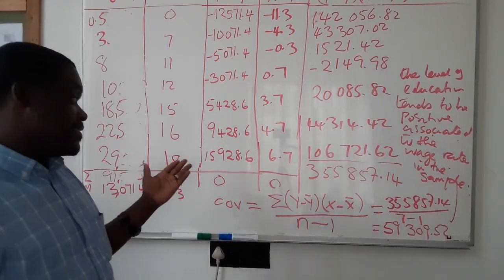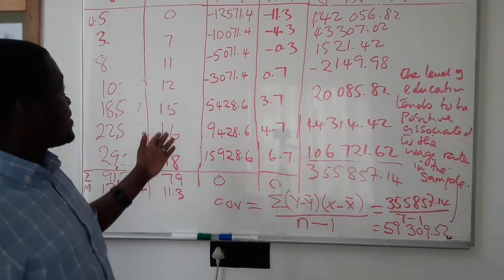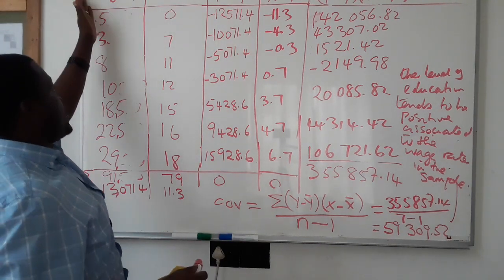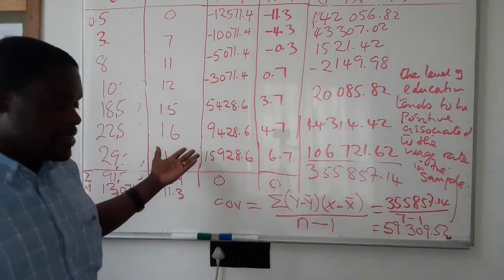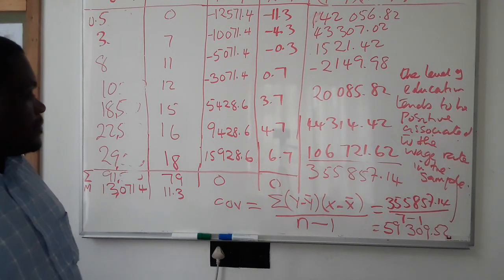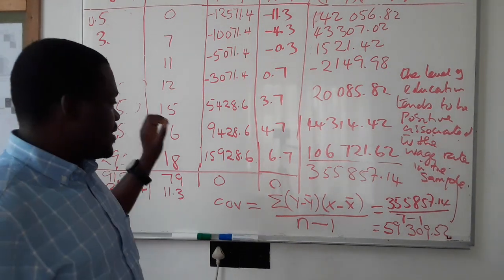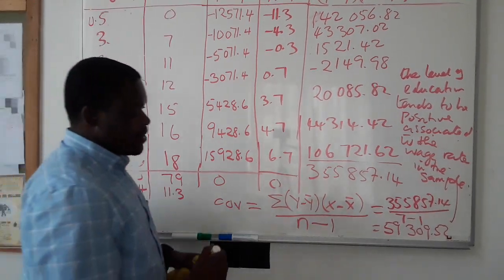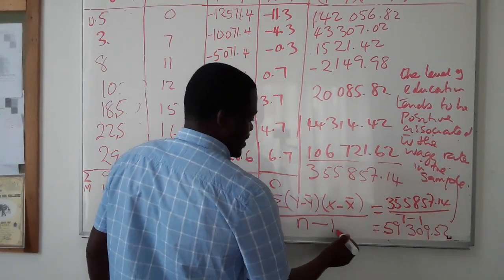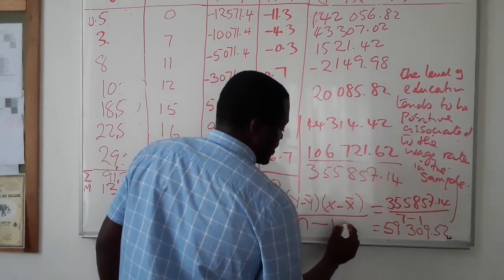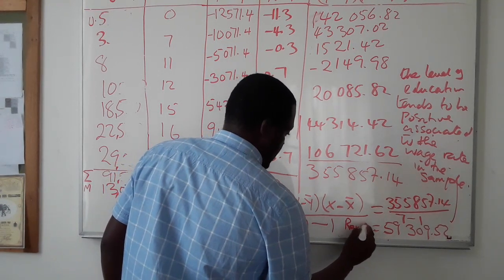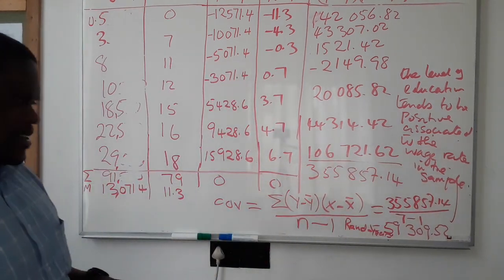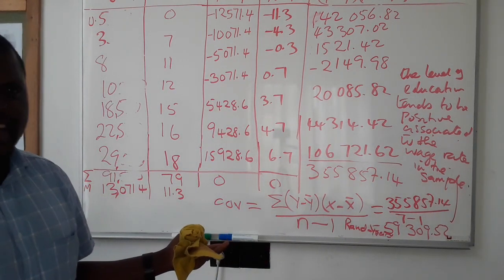The other is that it is symmetrical. It doesn't matter whether I say covariance of education and wages or covariance of wages and education, you still get the same answer. And lastly, it is very sensitive also to the units of measurement. The number we got here is actually reported as rand years. That's its units of measurement. But what does that mean to say rand years?